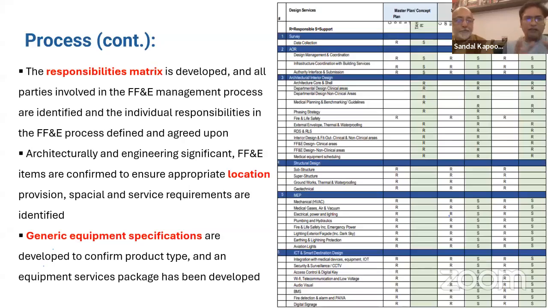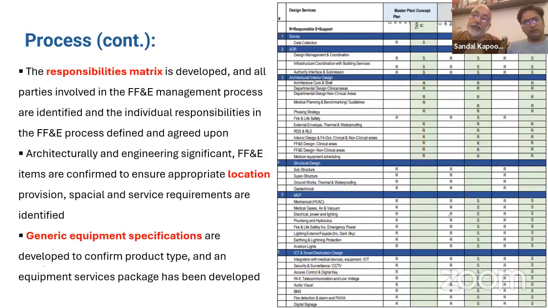So that kind of responsibility matrix has to be developed in the process of equipment planning so that there are no clashes, there is accountability for each and every task, and everyone is working as a team. Who is answerable, who is supporting, and action taken by whom and when is very, very important to document and to record.